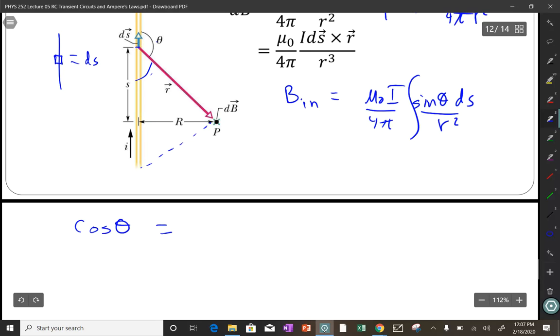I would have then this angle here would be theta. This distance here would be minus s. Okay. Right, so this way I can do it without messing up, I hope. Yes. So cosine theta is the adjacent side, r, over the hypotenuse, lowercase r. Okay, that's actually not so hard, right? Yeah.